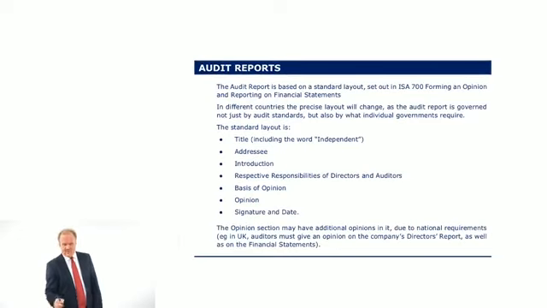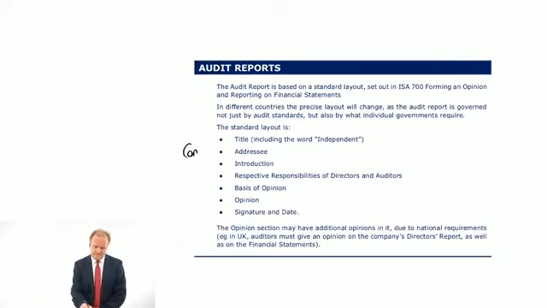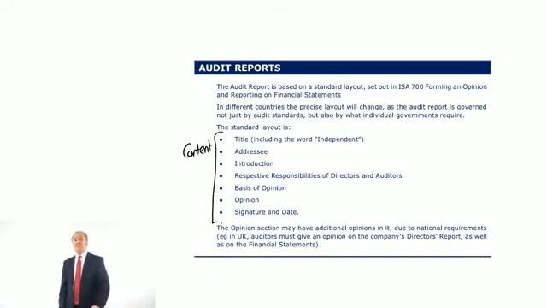We start off with the content of an audit report. Audit reports are given in an audit standard. I'll talk more about that standard in a minute, although it's referred to up there, look. So all audit reports are meant to pretty much look the same.